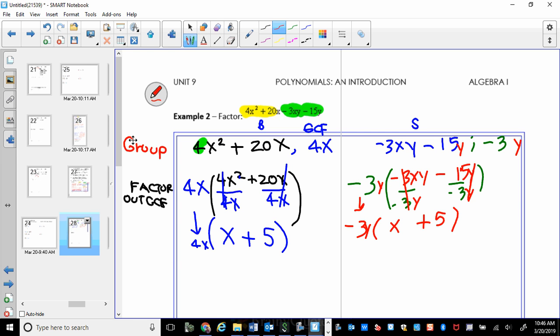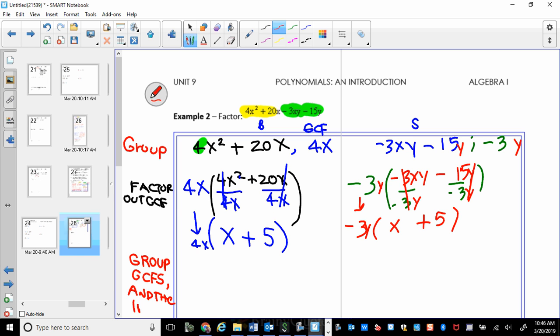Now, before that, I said you're going to end up with two groups. The inside is going to be the same, but out here, it's going to be smaller. So we're going to write our directions here: group our GCFs and the inside expression.